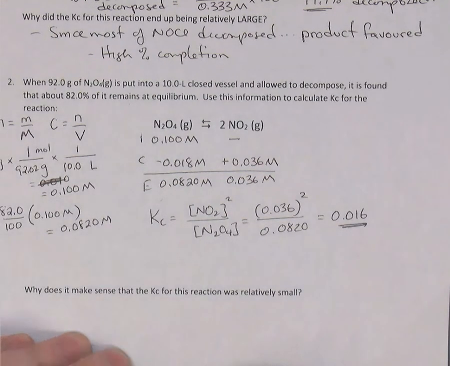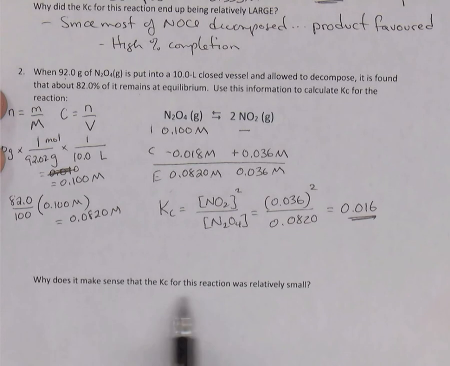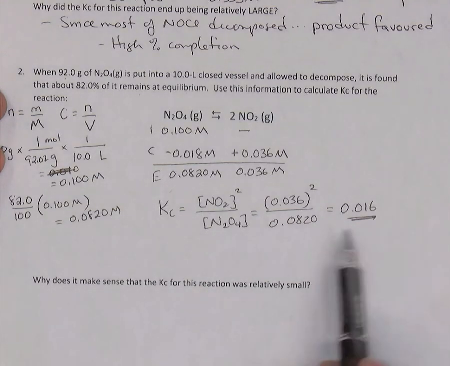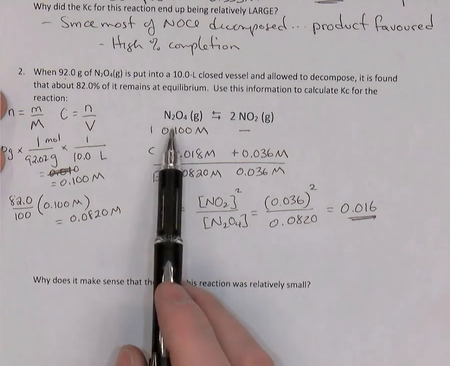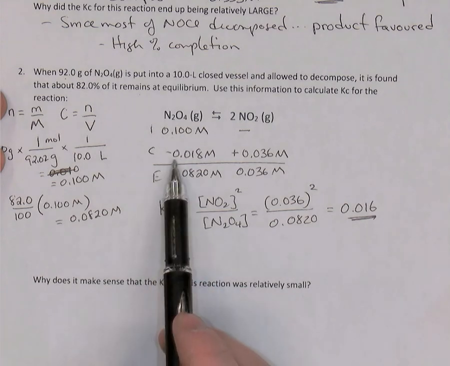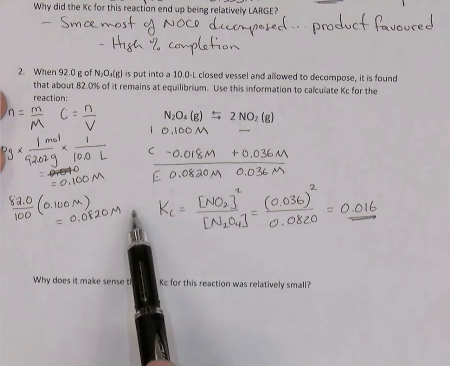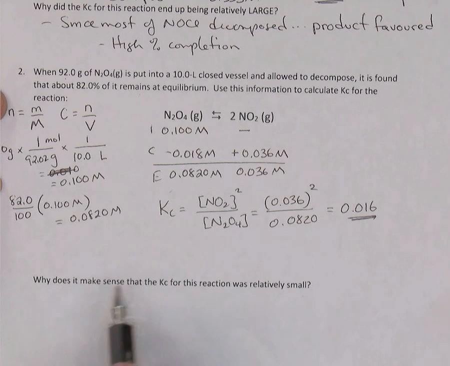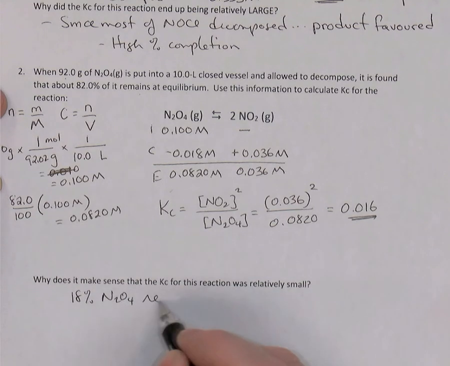the value of Kc. Why does it make sense that Kc for the reaction was relatively small? Kc is 0.016. It makes sense that it's small because the N2O4 lost just a little bit of its initial concentration. It had a small percent reaction. 82% was left, so 18% of the N2O4 reacted.